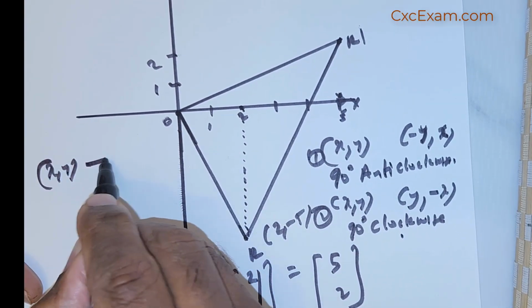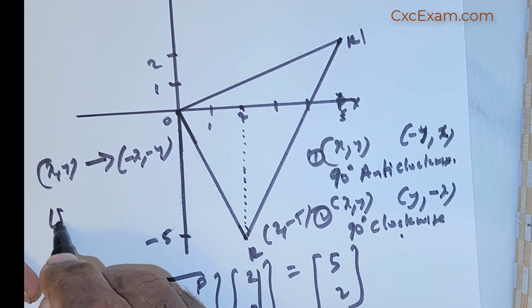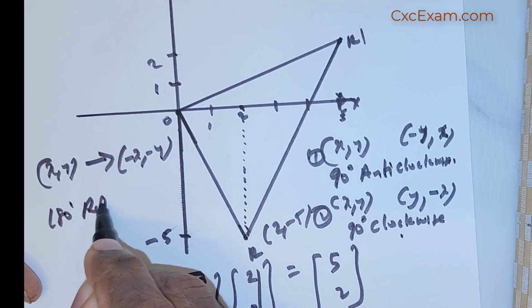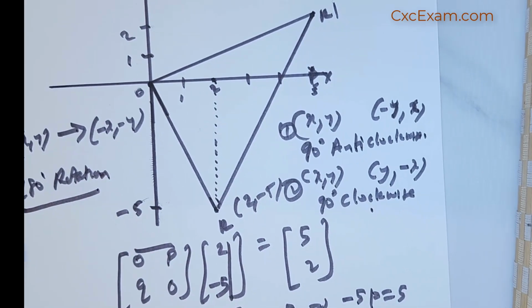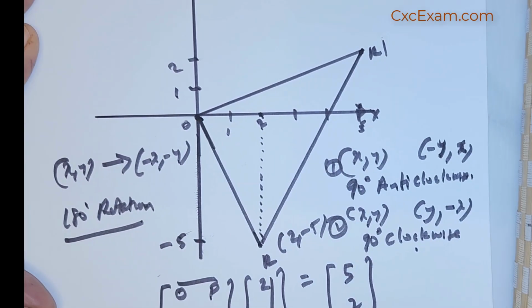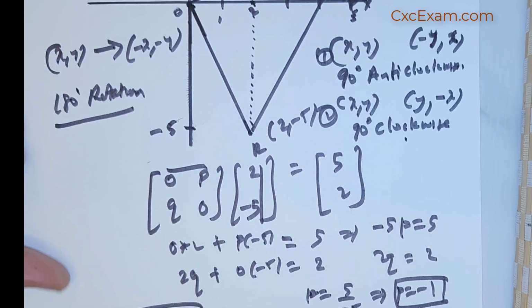If your x comma y is now negative x comma negative y, then this is called a 180-degree rotation. Okay, so all of these transformations are nothing but rotation about the origin. So that's a standard table that you will have to have when you're deciding or making a judgment.